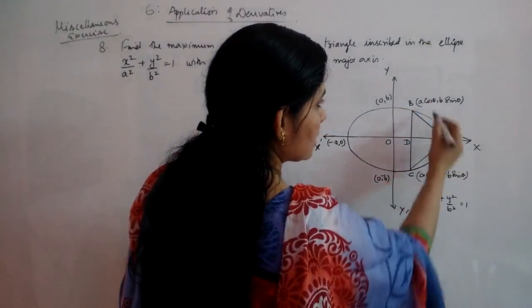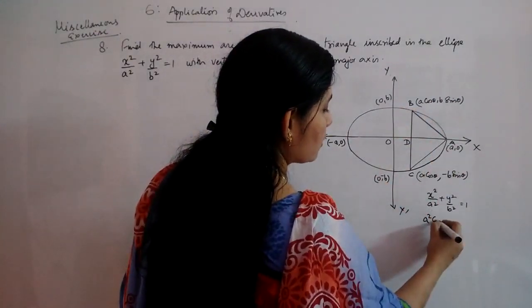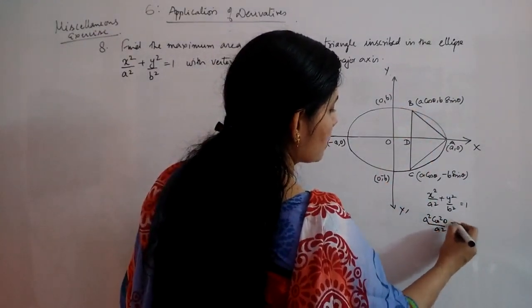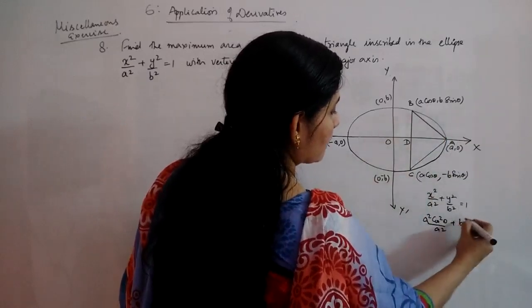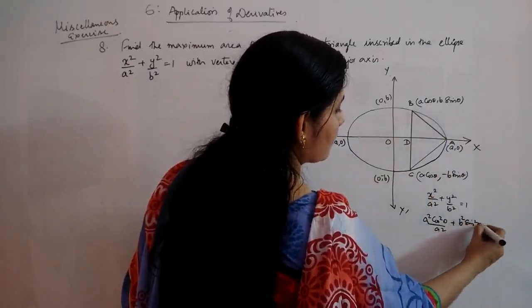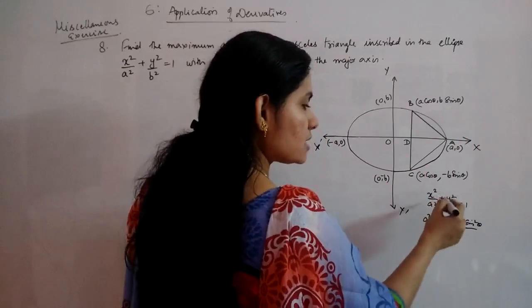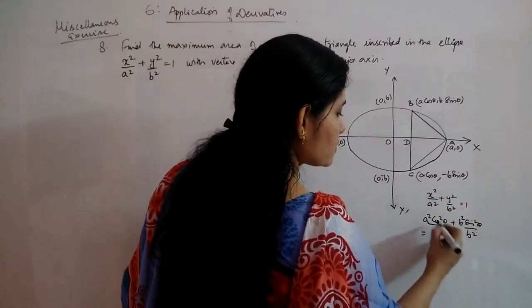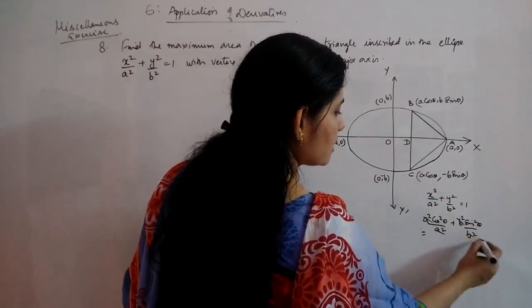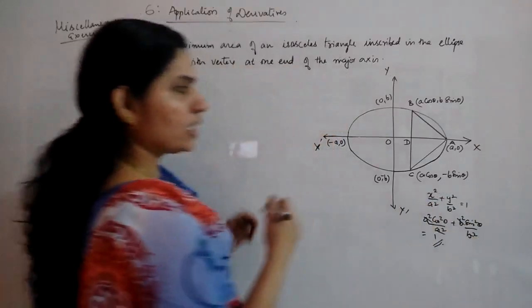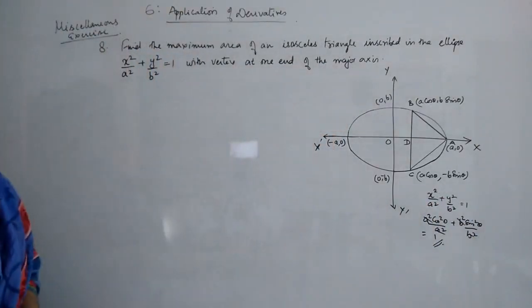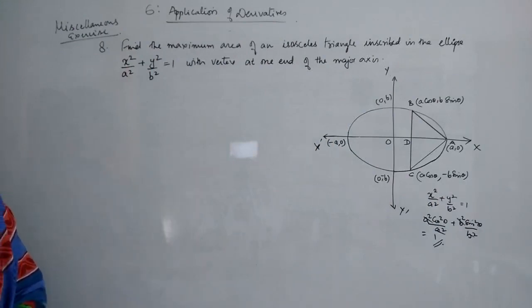It will satisfy the equation of the ellipse. Replacing x with a cos theta, you get a square cos square theta by a square plus b square sin square theta by b square. If this is a point on the ellipse, it should satisfy the equation, and this gives cos square plus sin square, which is 1. So B is a cos theta, b sin theta and C is a cos theta, minus b sin theta.